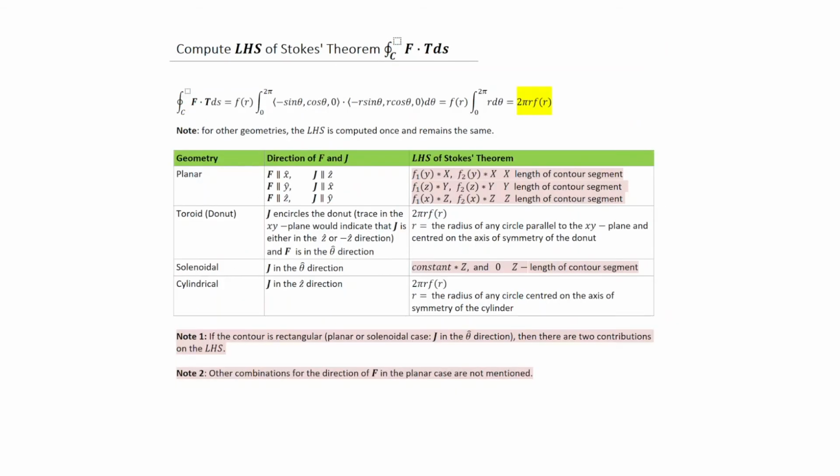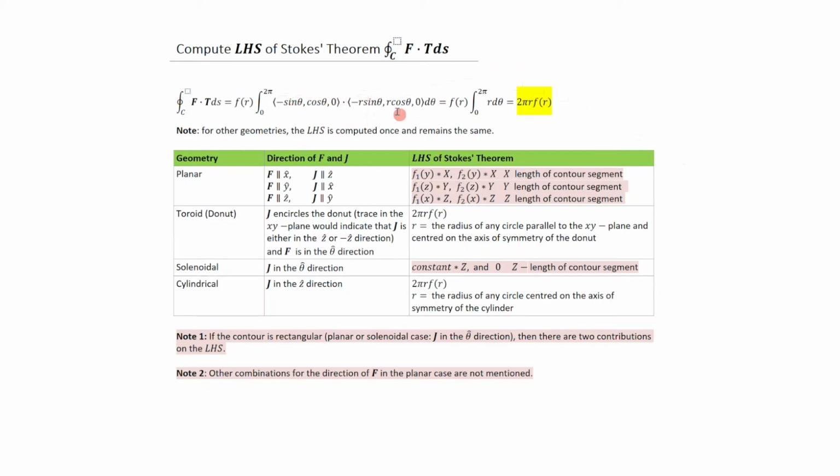All right, so now that we have computed the vector field F and the tangent vector t dS, we can make the substitutions. And so if you look here, this is basically the result of F. F of r can come outside because it does not depend on theta. And this represents the vector t dS, which is the tangent vector. And you take the dot product between these two.